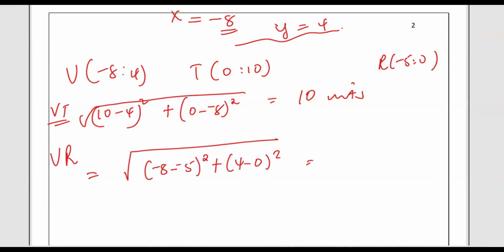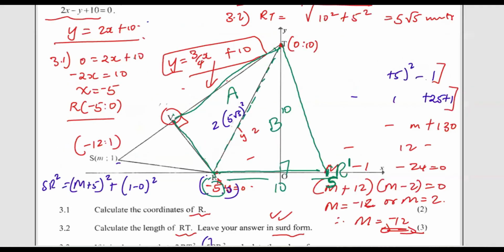Okay, when we punch this into the calculator, we have the square root of 3, which is a 9, plus a 16, meaning that it is 5 units. Okay, so I need to find the area of this. So this is a 5, this is a 10. We have this as a 10, we have that as a 10.